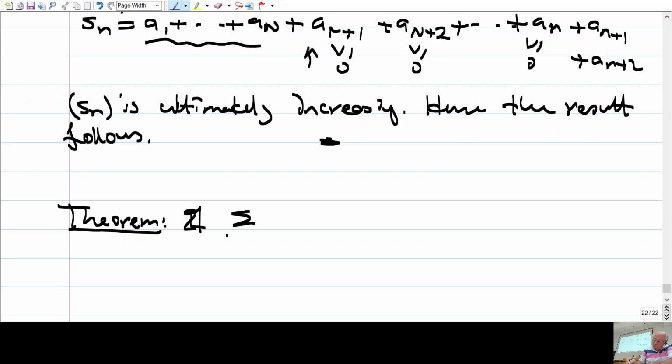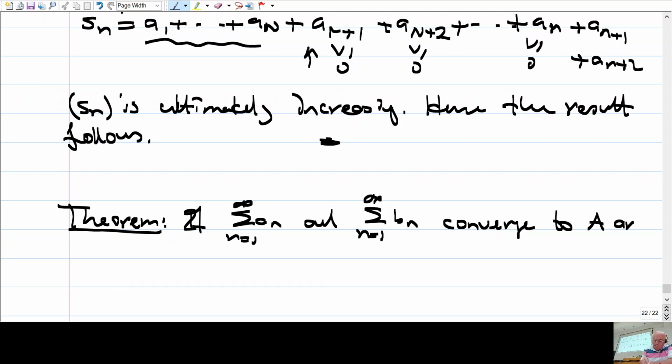If the series An and let's say another series Bn converge to A and B respectively, then we have the following.